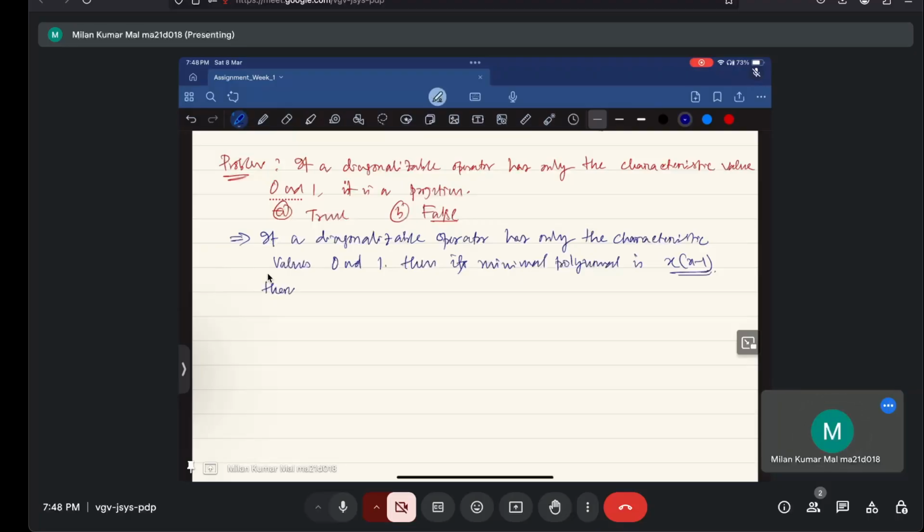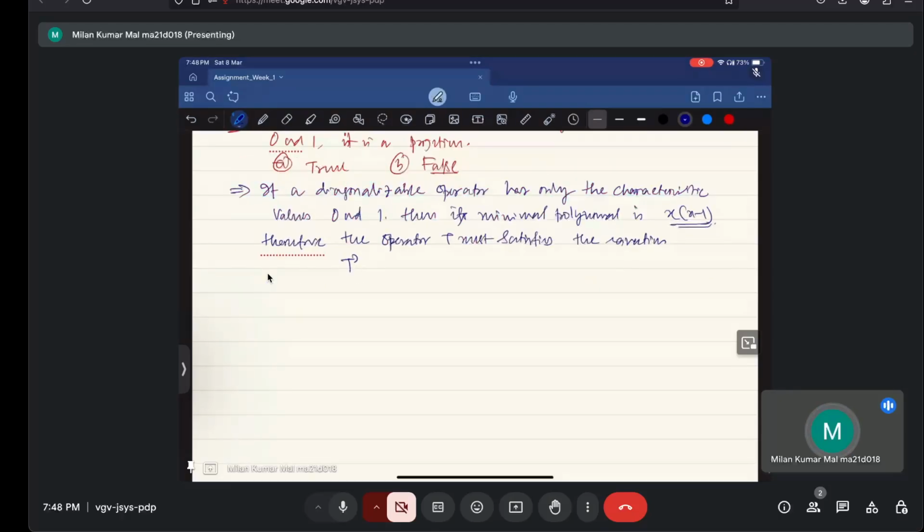Therefore, the operator T must satisfy the equation T squared minus T equals 0. That implies T squared equals T. That implies T is a projection.